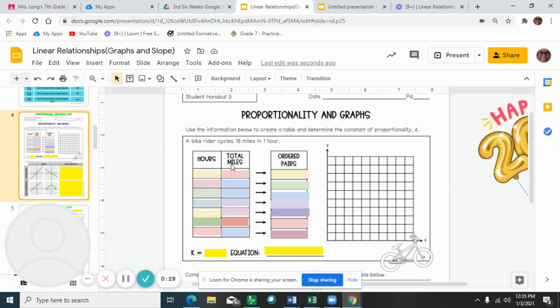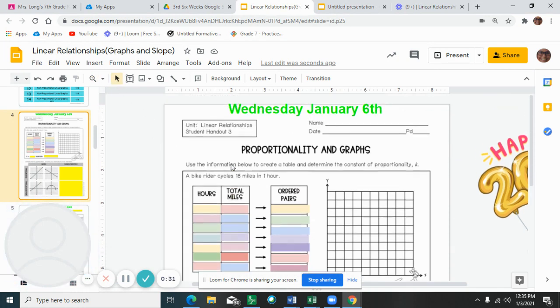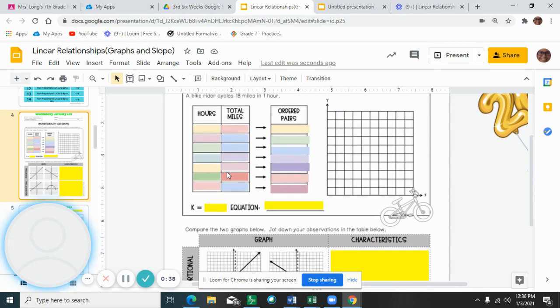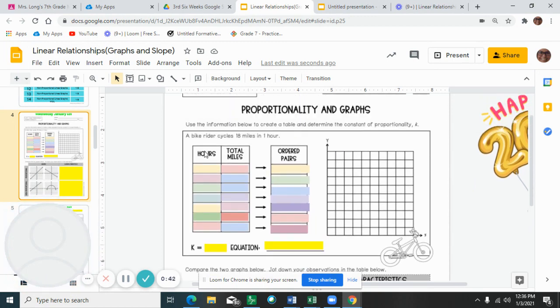Okay, so now it says use the information below to create a table and determine the constant of proportionality. A bike rider cycles 18 miles in 1 hour.